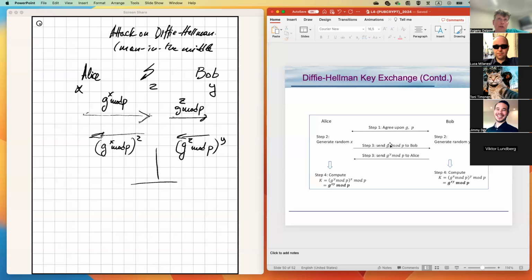Security engineers and researchers were thinking if they could come up with a scheme with similar properties, but which does not rely on this exponentiation. That's what we will be talking about after the break. So we will talk about elliptic curve cryptography.